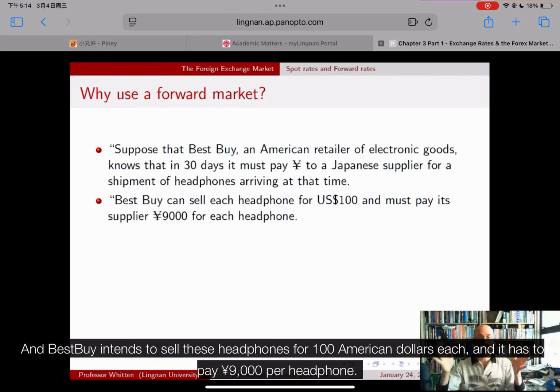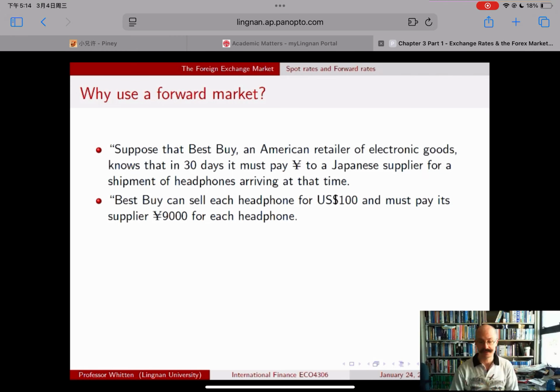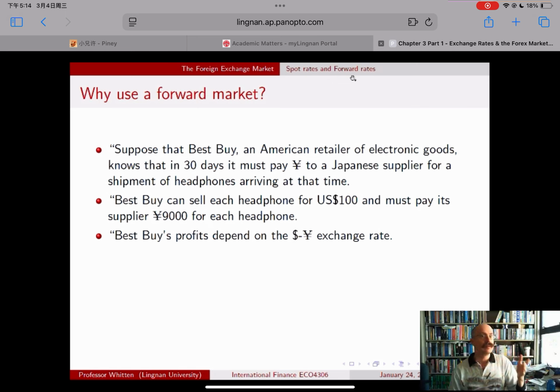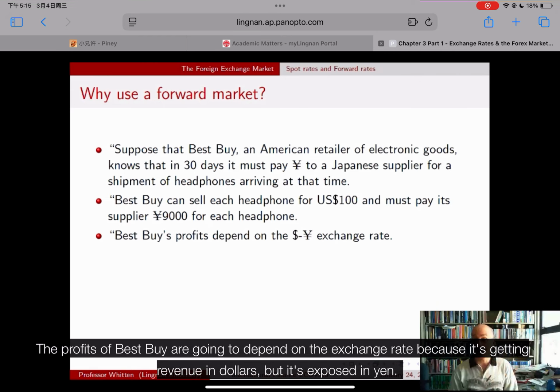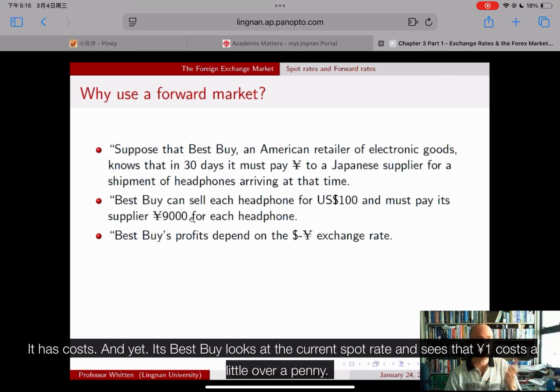And Best Buy intends to sell these headphones for 100 American dollars each, and it has to pay 9,000 yen per headphone. The profits of Best Buy are going to depend on the exchange rate because it's getting revenue in dollars, but it's exposed in yen. It has costs in yen.